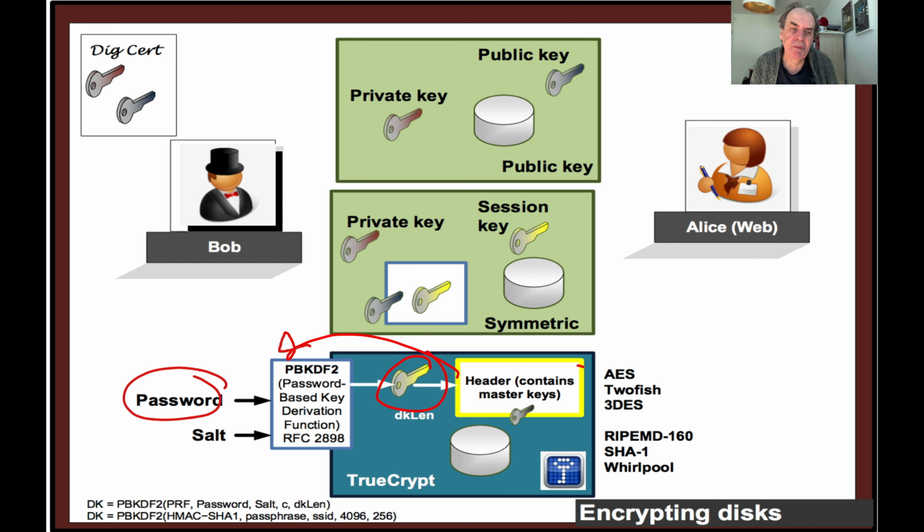And for this, the user would put in a password. There will be a stored salt value. When these two are added together, they will generate a key. The key is then used to open the box. The box has the encryption keys, which are used to access our encrypted disk, as in TrueCrypt.